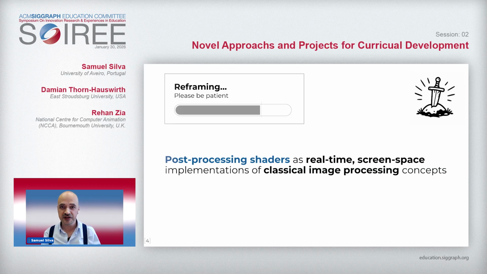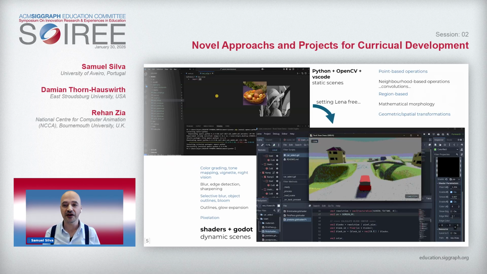So I kept the same concepts I was lecturing about image processing, point-based operations, neighborhood operations, convolutions, but instead of applying them in lab guides, as is often done using Visual Studio Code, Python, OpenCV library, and of course the Lena images, I started teaching them the basic concepts and then applying them in building post-processing shaders inside the game engine Godot.